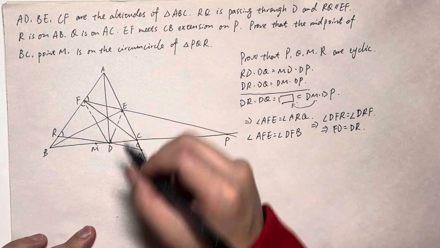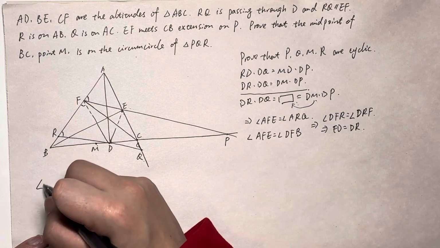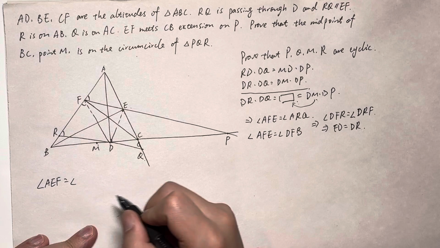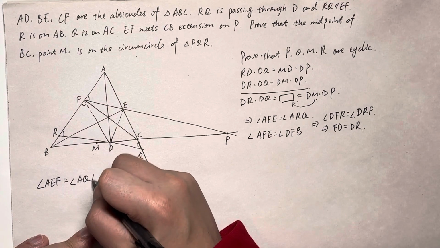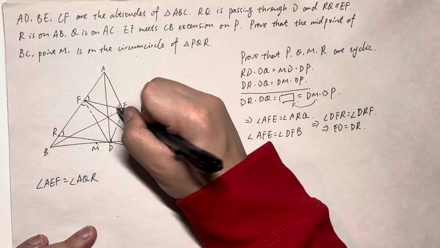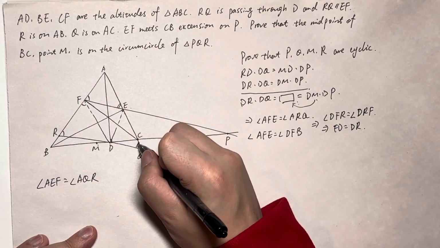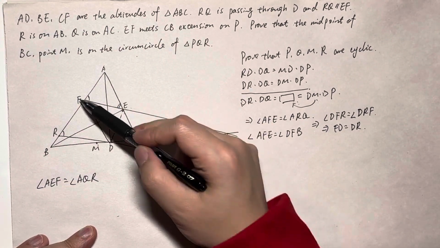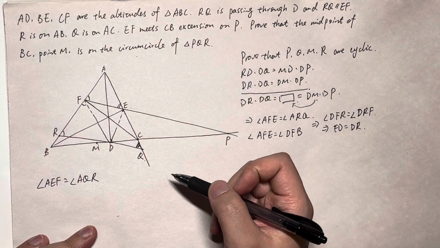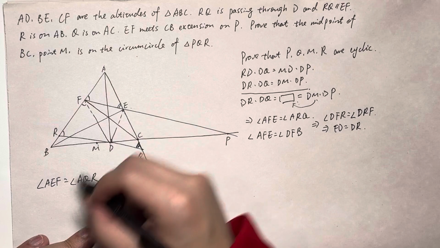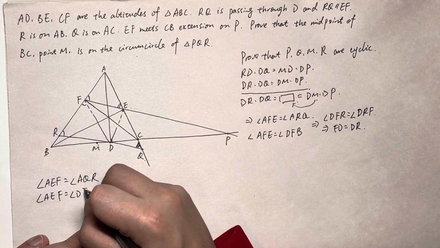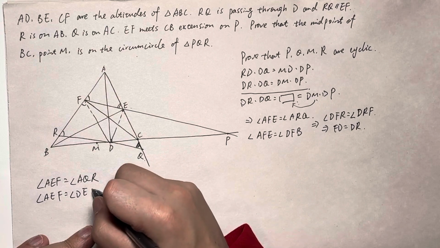Similarly, we have angle AEF equals angle AQR, because FE is parallel to RQ. And we already know that angle AEF equals angle DEC, or DEQ.